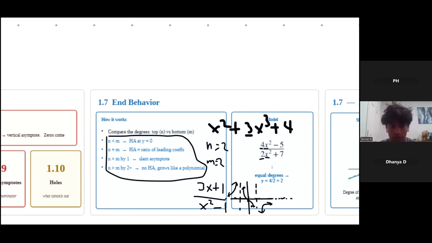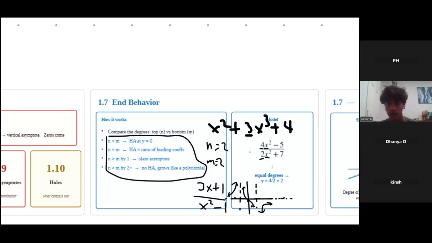When n equals m, the horizontal asymptote is going to be the ratio of the leading coefficients. Here, the leading coefficient of the top function is 4, and the leading coefficient of the bottom function is 2. Now 4 divided by 2, the ratio of the leading coefficients, equals 2, which means our horizontal asymptote is going to be at y equals 2.